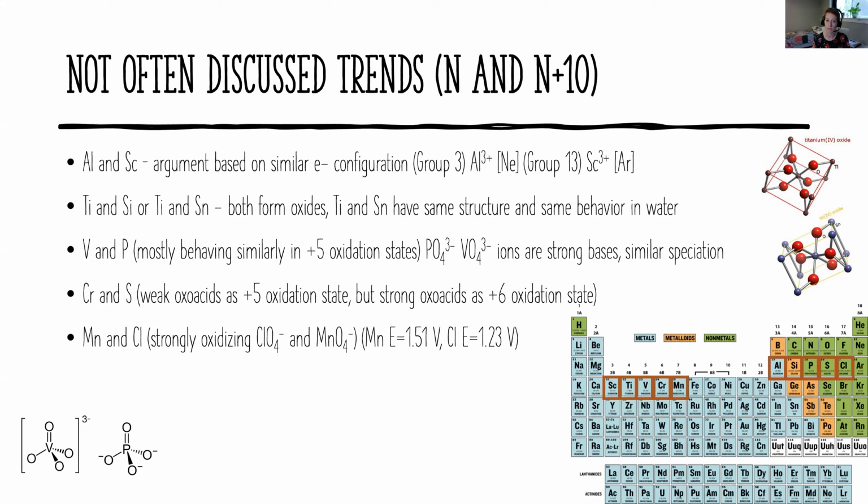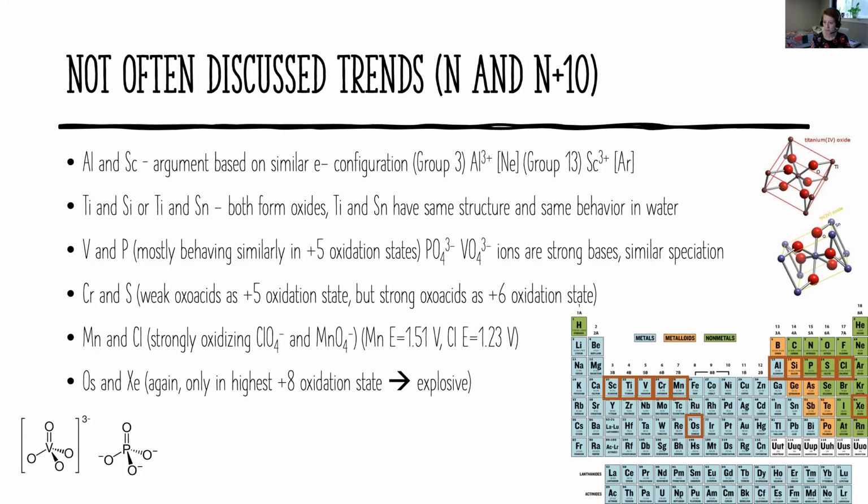Those also form strongly oxidizing oxo anions. Here's your redox couple for manganese 7 plus going to manganese 2 plus, and that's 1.51. For chlorate going to chlorite, the redox couple is 1.23. So these are strongly oxidizing anions in their highest oxidation state.